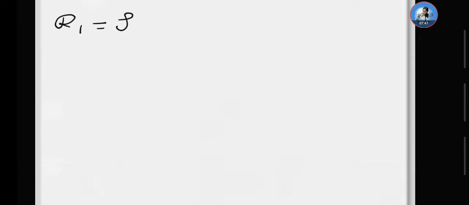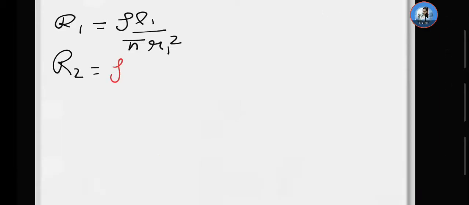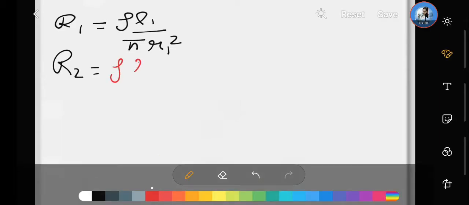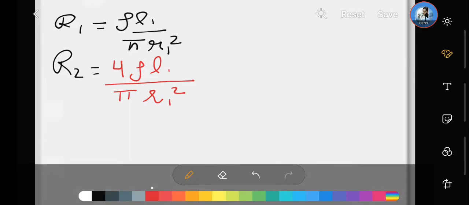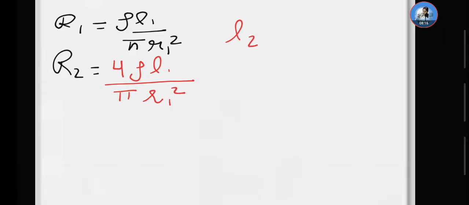R1 equals rho L1 upon pi R1 square, and R2 equals 4 rho L2 upon pi R1 square. The volume remains the same, so by this we get L2 equals 4 L1.